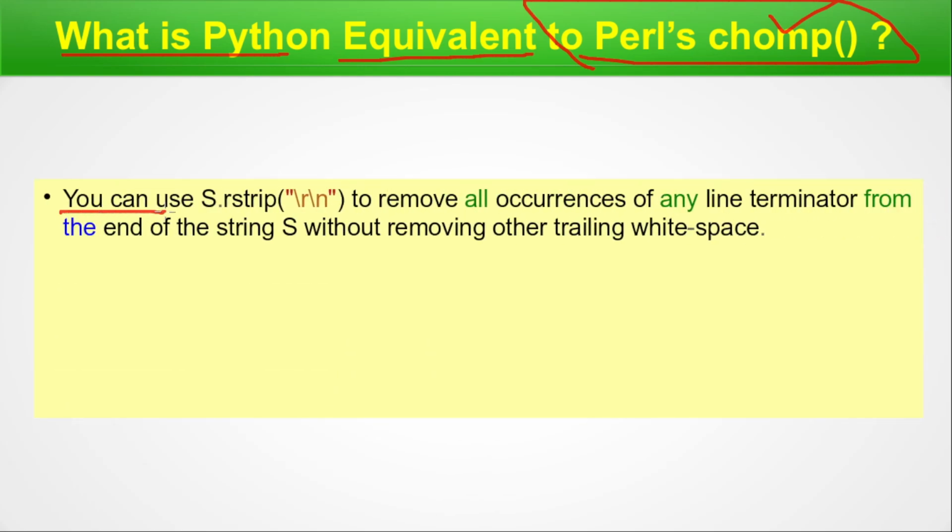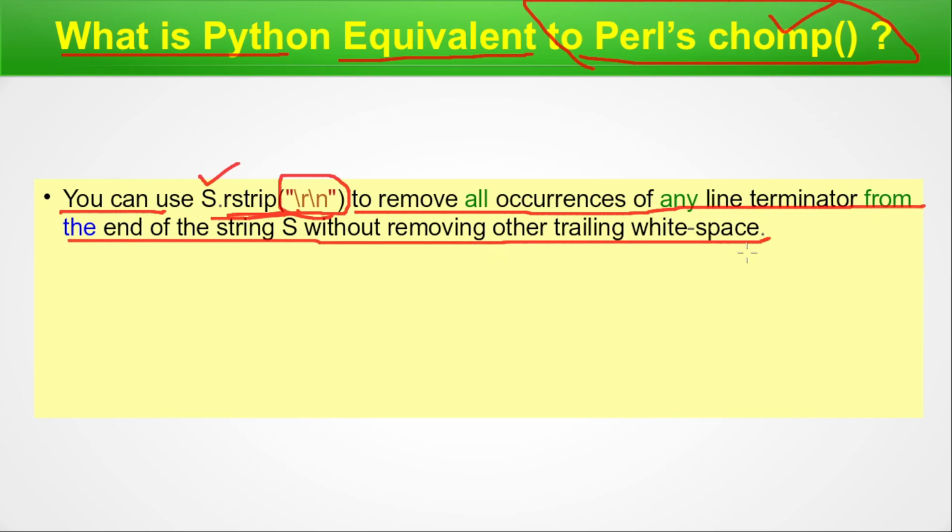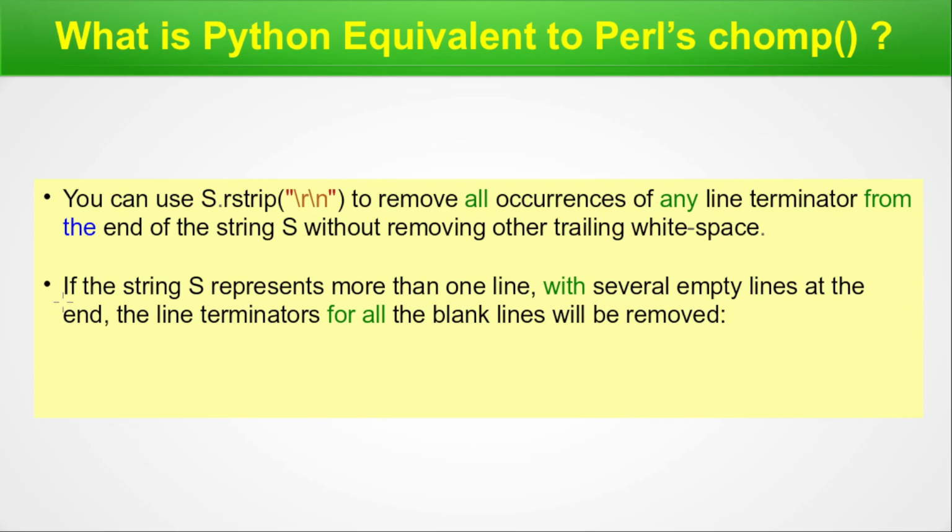First, you can use s.rstrip. S is nothing but your string variable, and then rstrip, and then we use the carriage return and the newline characters to remove all the occurrences of any line terminator from the end of the string s without removing the trailing white space. Next, if the string s represents more than one line with several empty lines at the end, the line terminators for all blank lines will be removed.